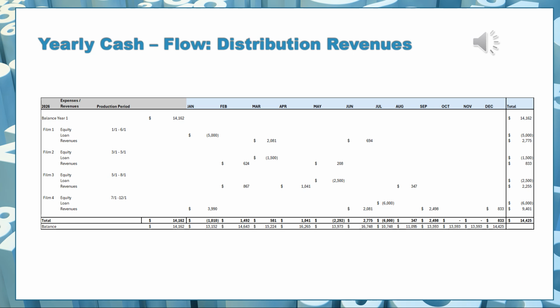So if we run that through and we're just keeping what we have and we're continuing with what we have, we would then start with a balance of 14,162,000 from year 1, and we would run it through the entire year, which would basically carry us through and keep us cash flow positive through the entire year, with all the various payments we have to make to the bank and to everyone else.